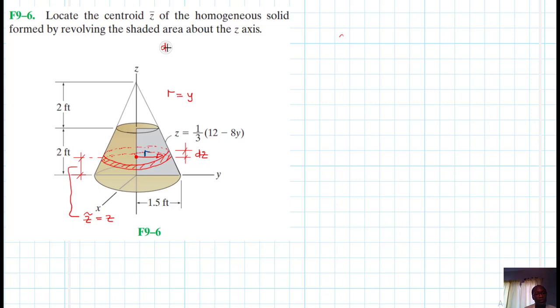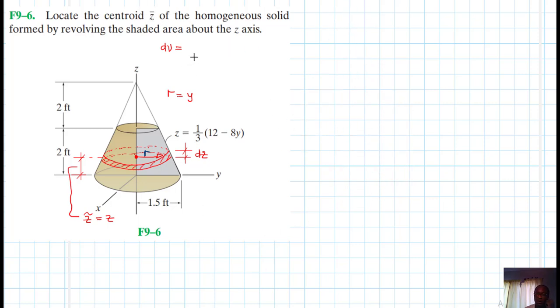So if we were to write the formula of small volume for this particular cylinder, you can think of this as a cylinder of radius r and thickness t, which in our case is dz, and our r is equal to y. That is how you should think of it.